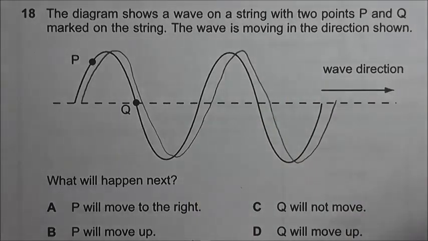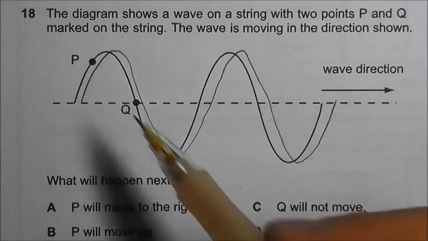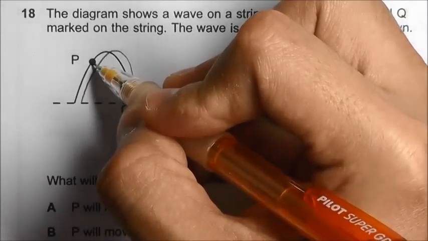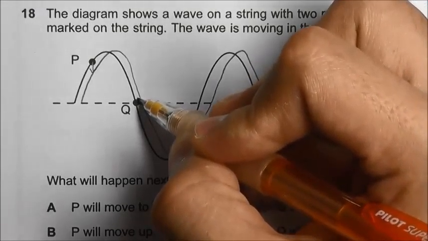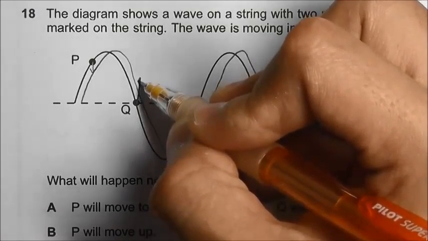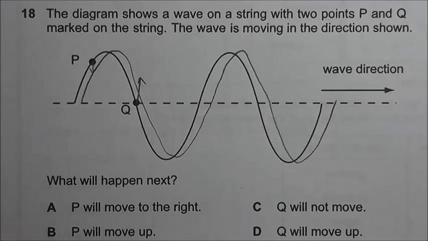So in order to form the new wave that I've drawn here, this particle P here, it has to move downwards, and this particle Q here, it has to move upwards. So the answer should be Q will move upwards, D.